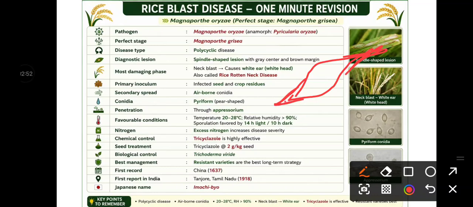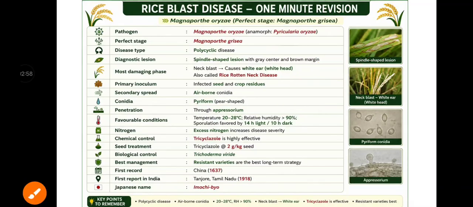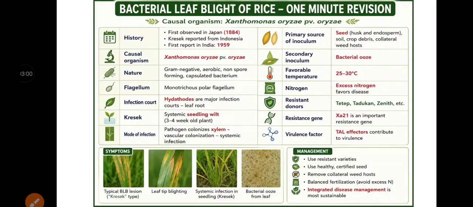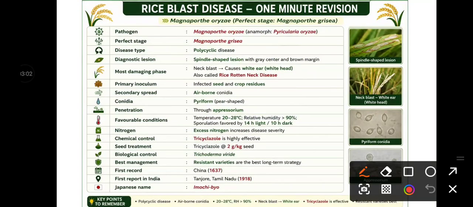It is covered by a brown margin, and the central portion will be grayish in color. In this photo you can see this spindle or eye shaped lesion with a brown margin and gray color center. Most characteristically it is for the leaf blast.